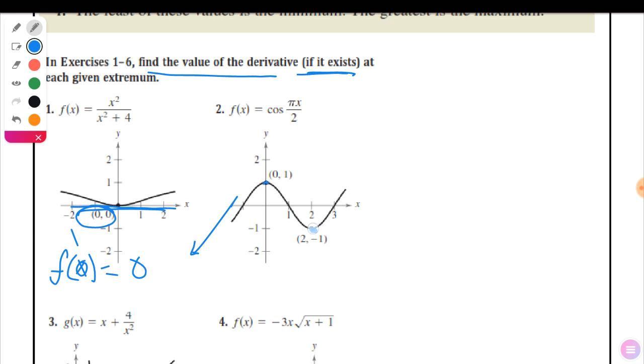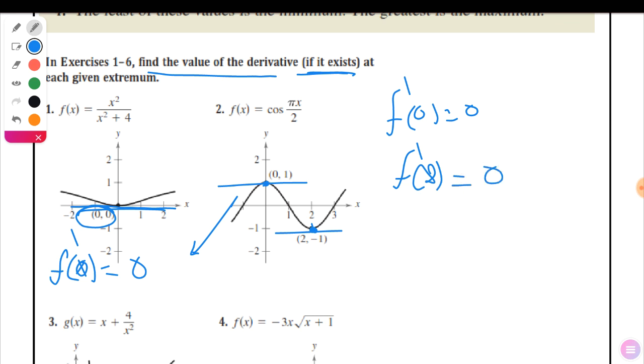This extremum is a relative maximum, and this one a relative minimum. Here, as you see, it has a horizontal tangent, so I will write f prime of 0 equals 0. The derivative at the extrema will be 0. Okay, the derivative.